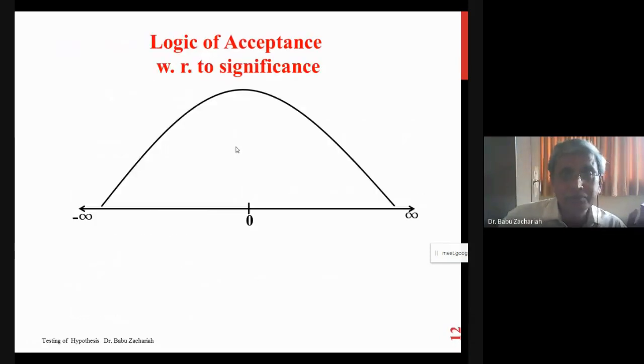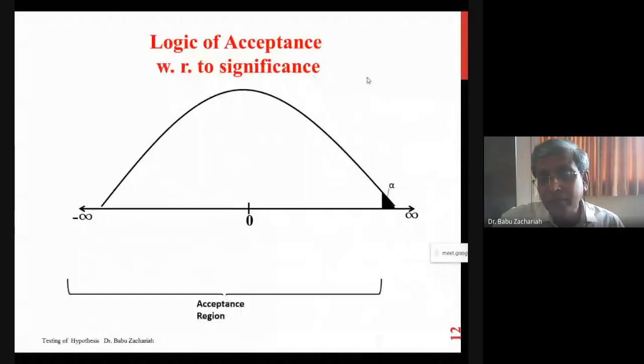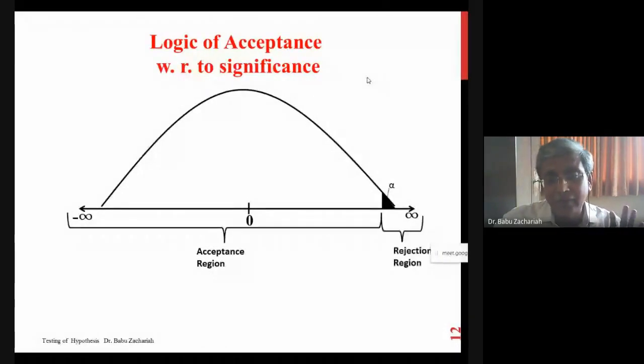Now further, logic of acceptance and rejection. In yesterday's video which I have sent, I have explained only up to the previous slide. Now we are not using that procedure when we use software. So in the software we are using something different. Whatever I have explained, see, alpha is here, this will be acceptance region, this will be rejection region.